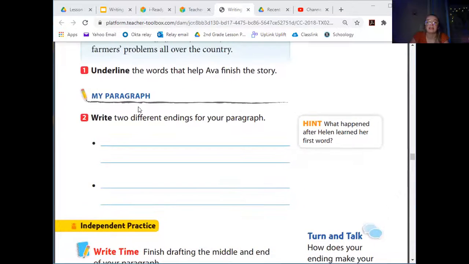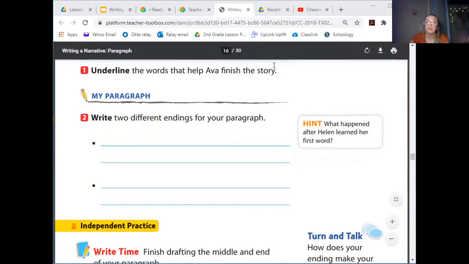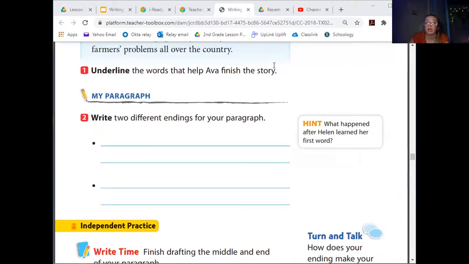All right, now for my paragraph. It says write 2 different endings for your paragraph. Hint, what happened after Helen learned her first word? So I'm going to give you an example of an ending that I might write, but I need you to come up with your own endings. This is just an example.